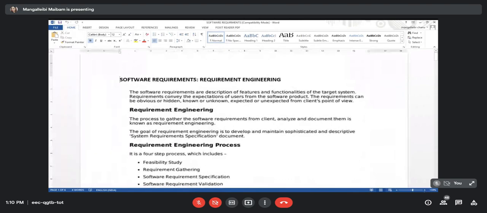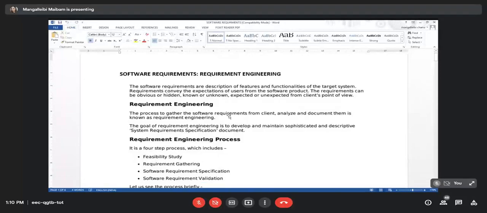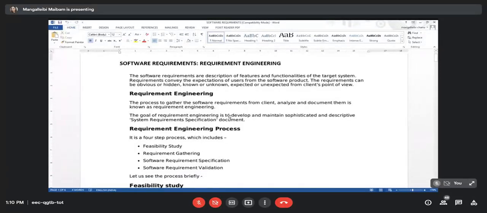The software requirements, or requirement engineering. Requirement engineering is nothing but collecting all the information before we document it. Before we document it, we have to collect all the information, all the resources from the client, and then finally analyze the requirements, then document them.